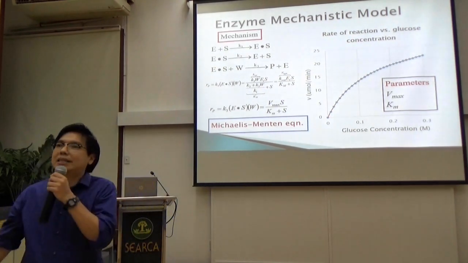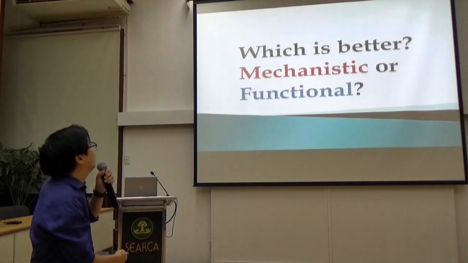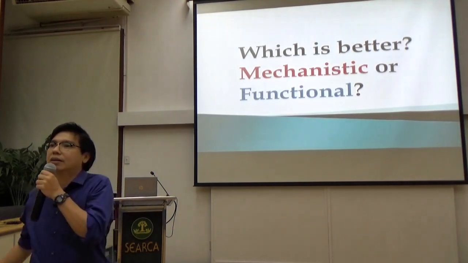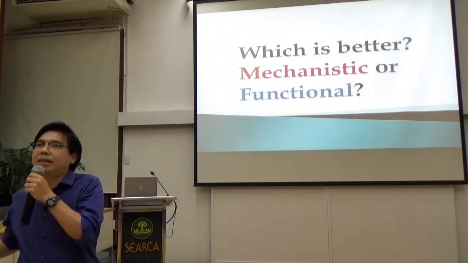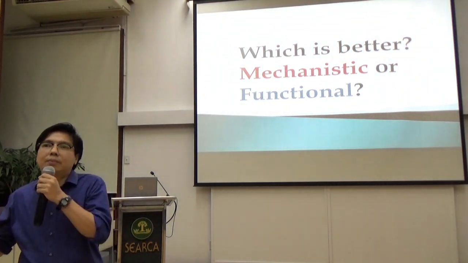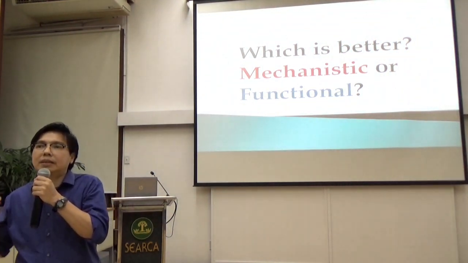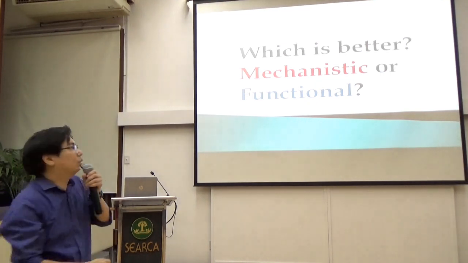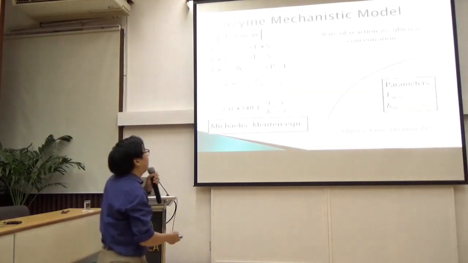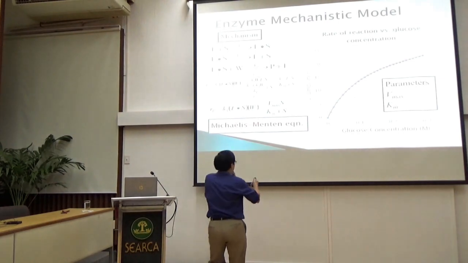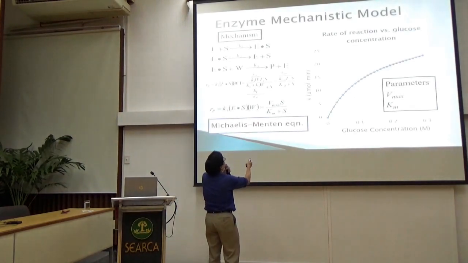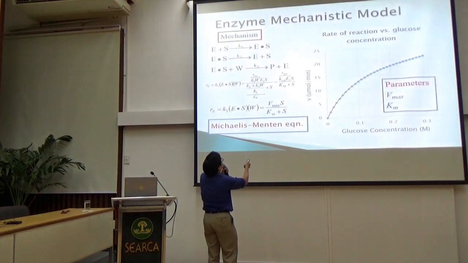Now, which one do you think is better? Basically, if you think about it, the mechanistic is a lot better because it tells you what's happening. And also there's this thing. The parameters, okay, here have meaning. Kasi they have meaning, the parameters.